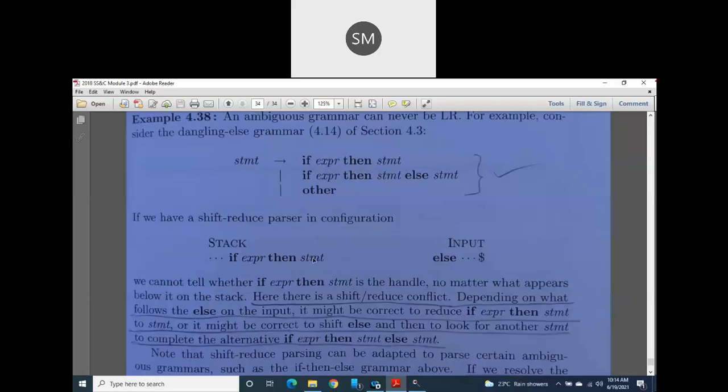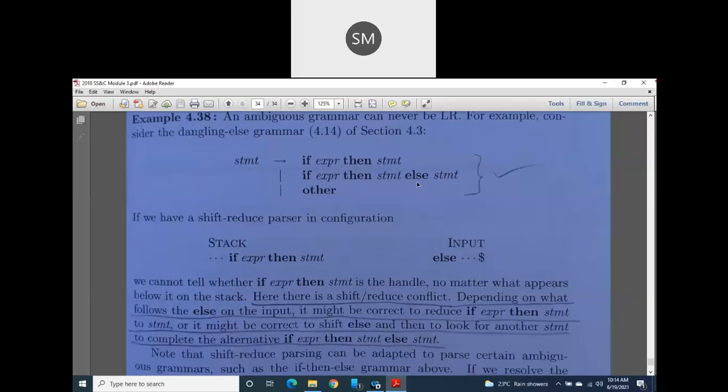At that time when you have shifted the statement, you should hold on, you should wait. You should not immediately reduce this if then statement to statement. Still you should wait and watch what the next input symbol is, that is else.